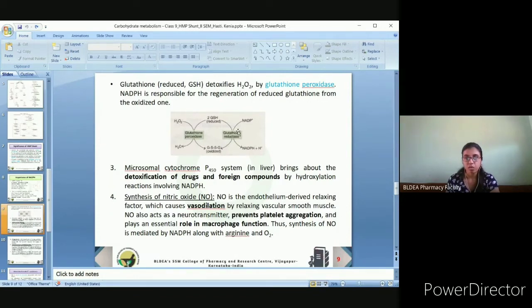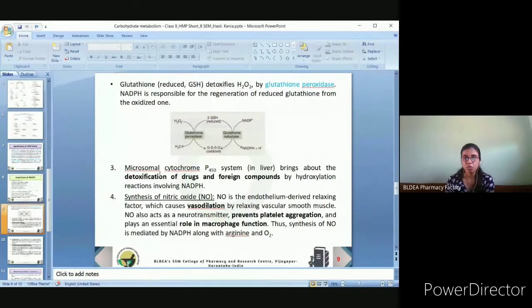This whole mechanism is continuously carried out in the body so that reduced glutathione is present to maintain the cell integrity by reducing hydrogen peroxide.